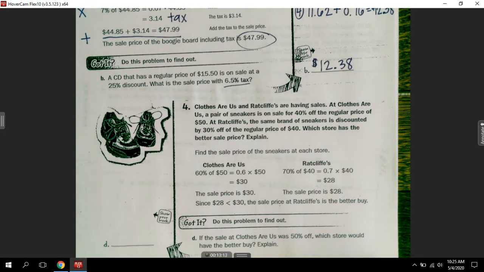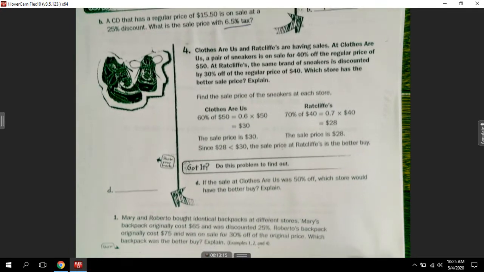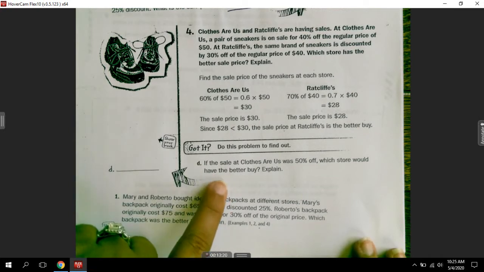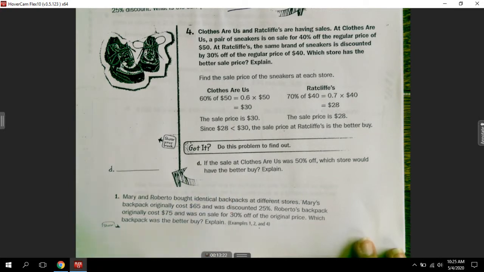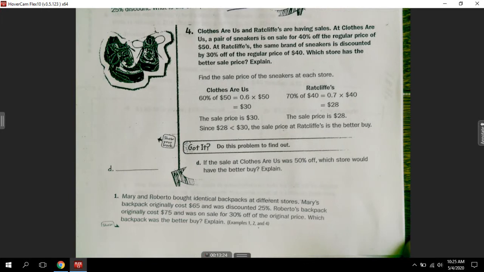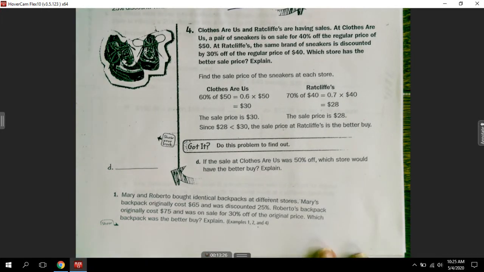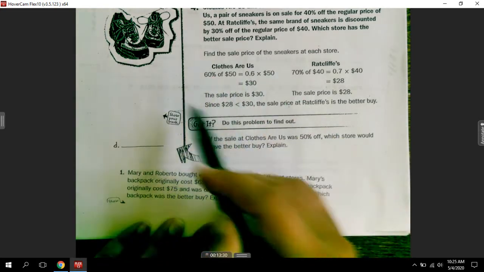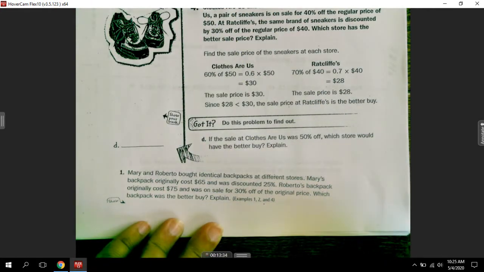We're going to do which one? Let's see. Answer choice D is just asking if it was 50% off, which would have the better buy. So same deal here. 50% off is half off, right?